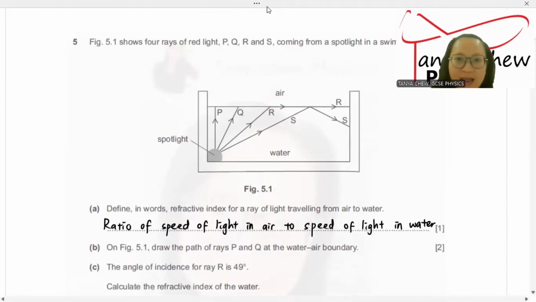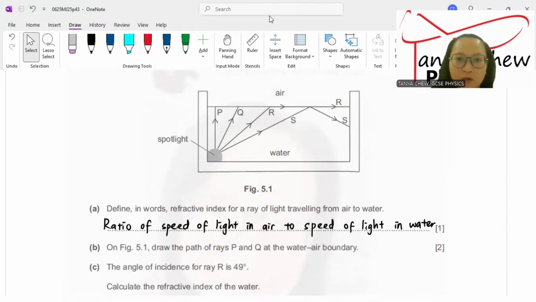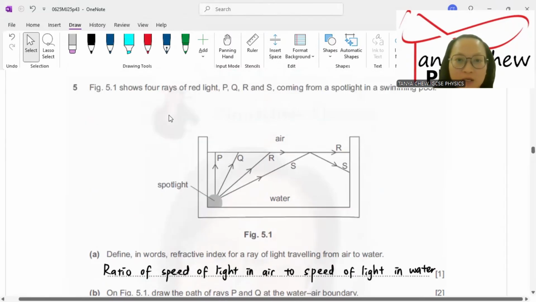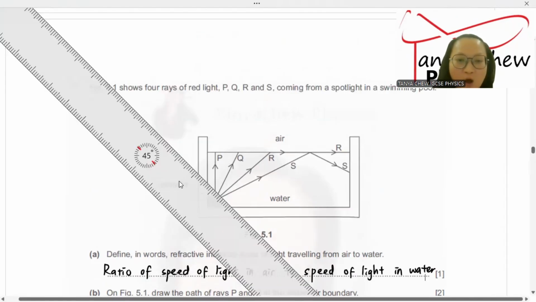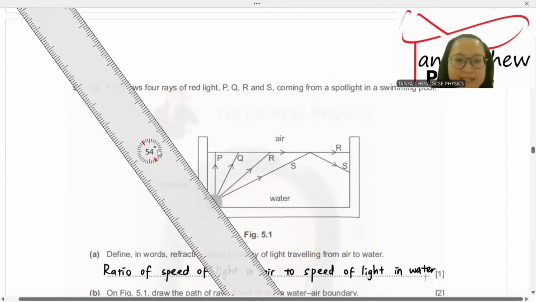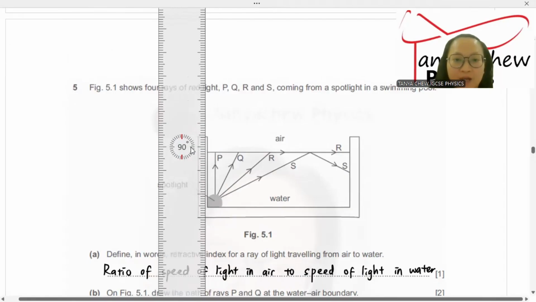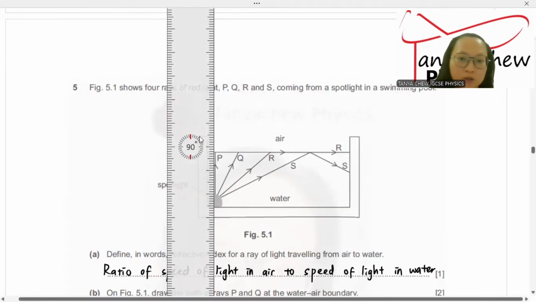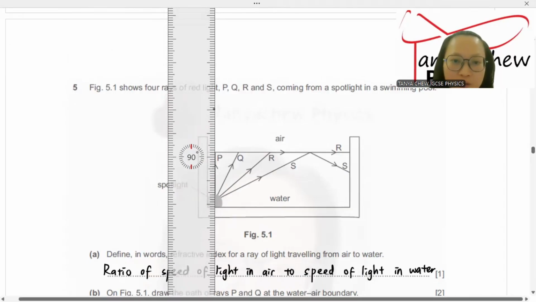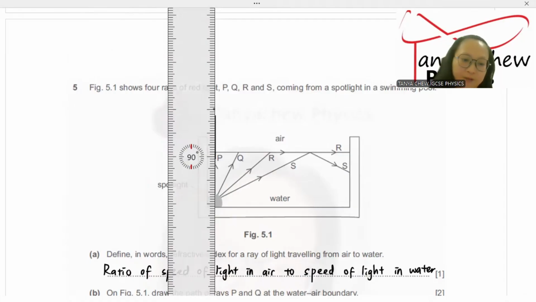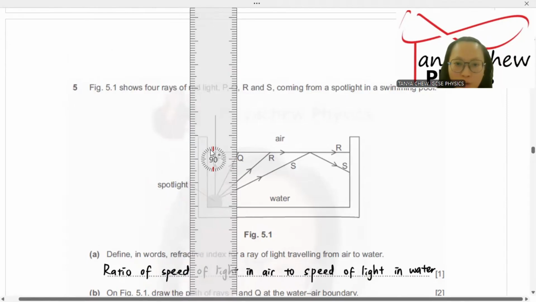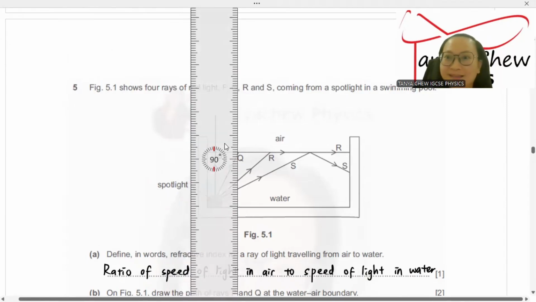B, on Fig 5.1, draw the path of rays P and Q at the water-air boundary. Could you see that P is traveling straight towards the surface of the water? So the ray P is acting along the line of normal, so you continue the ray as a straight line. Whereas for Q, you need to draw a normal. What is normal line again?